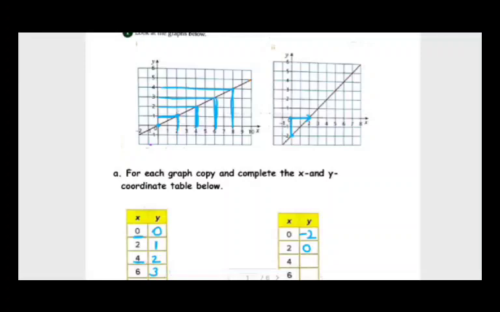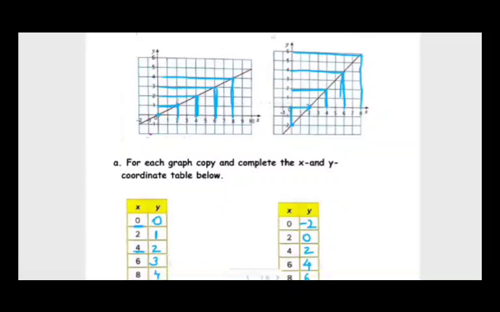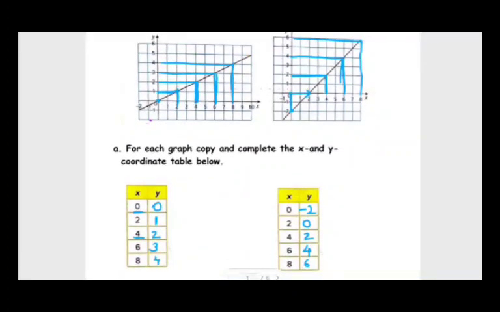When my x coordinate is 4, here my y coordinate is 2. When it is 6, y coordinate is 4. When my x coordinate is 8, my y coordinate is 6. Got it?